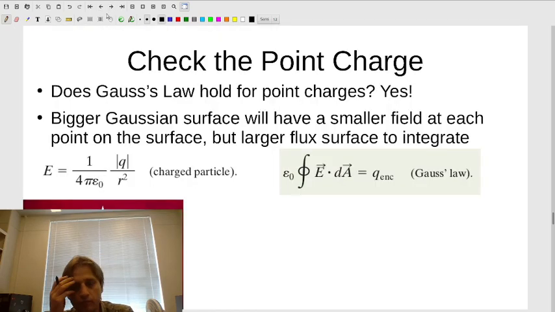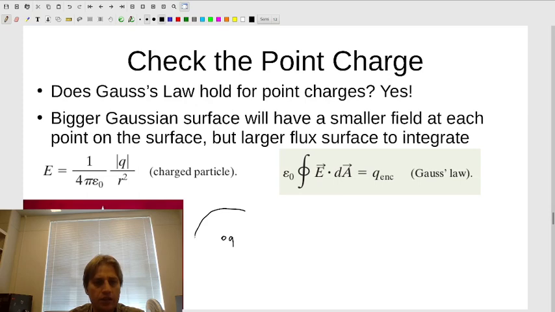problems. Now, just to make sure that this passes the smell test at a basic level, let's go ahead and check that it works for just a single charge. So there's my Q, and let's go ahead and draw a surface around this. Okay?